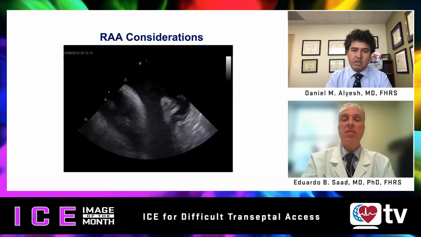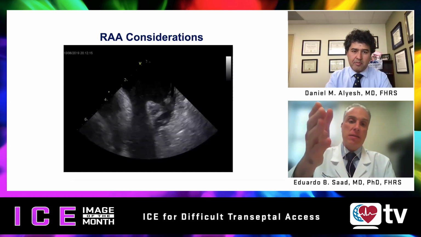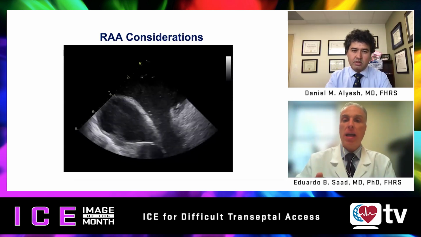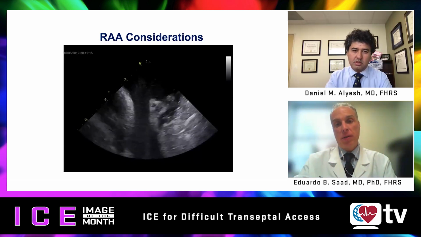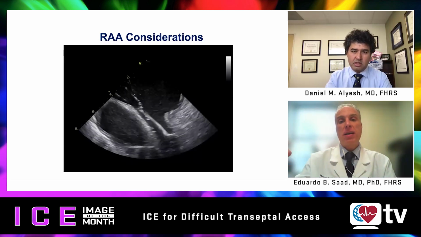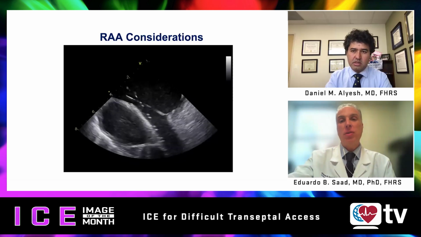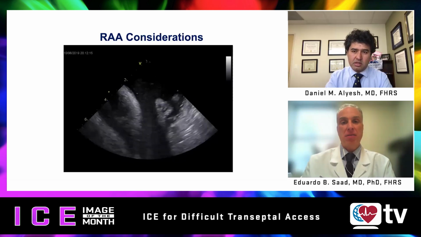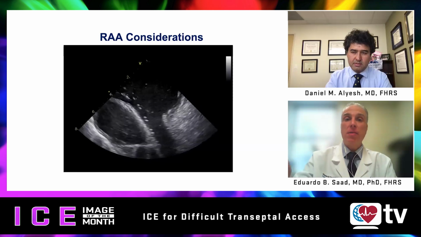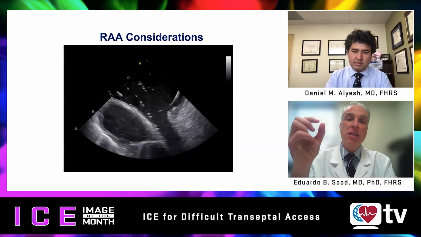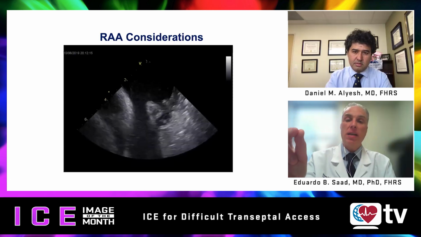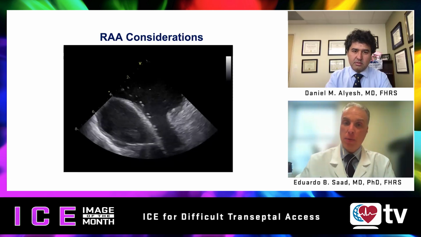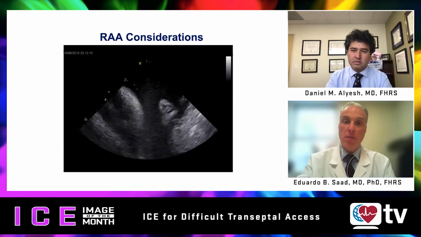So here we see the SVC with a decapolar catheter in it, and the wire is being moved on purpose from the SVC to the appendage and then back to the SVC, just to show that difference. We see the J part of the wire. At first it's going into the SVC, and then it's being pulled back and going into the right atrial appendage.